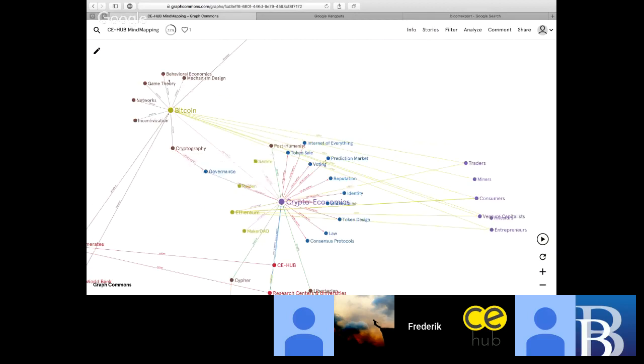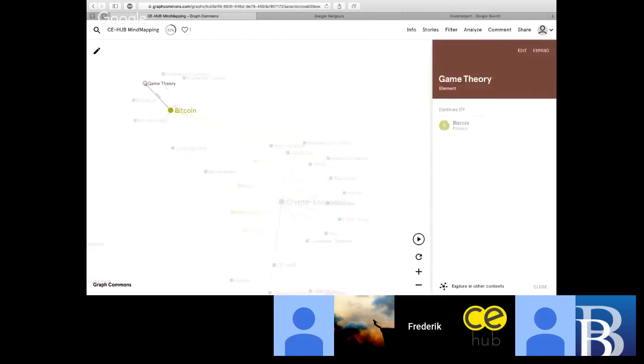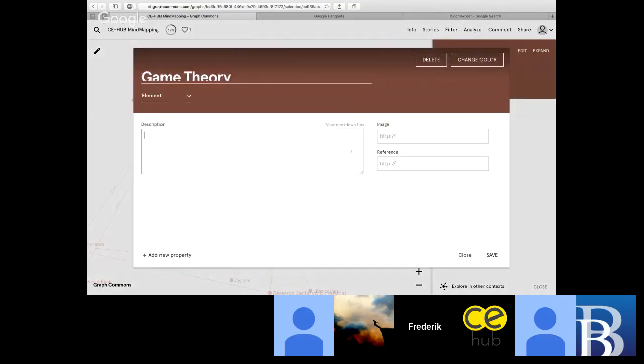For example, if we have someone who is knowledgeable about game theory, the person can edit that, create the links, the types of links, and by editing it can also put an image to make it even more beautiful, add a literature reference, or add a description.